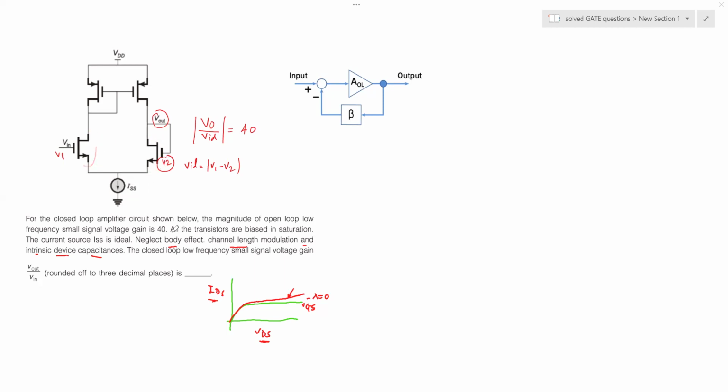You have to neglect all those capacitances. And the question is, you have to calculate the closed loop low frequency small signal voltage gain, which is again V out over V in. Okay, so this is VID, or you can also say V in, in the case V out is equal to 0. Okay, and you have to calculate.